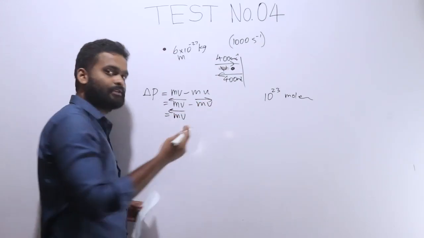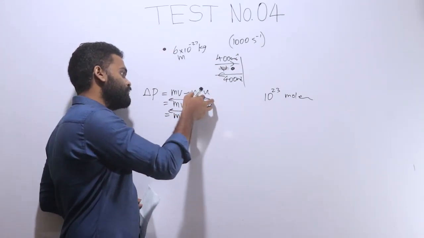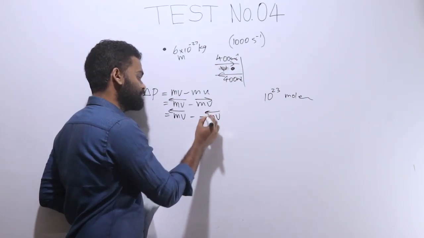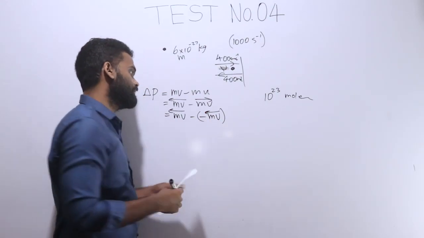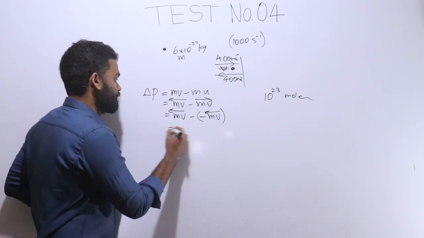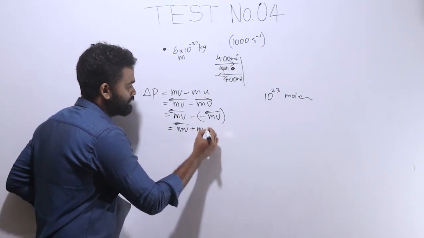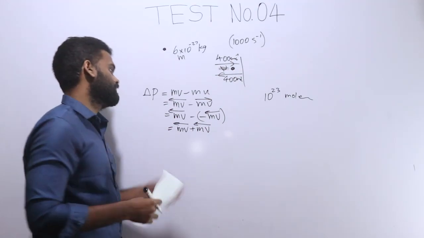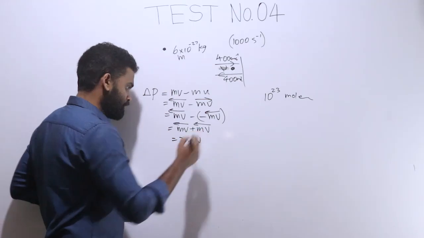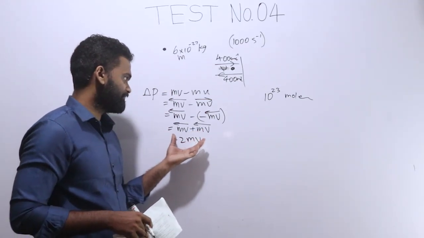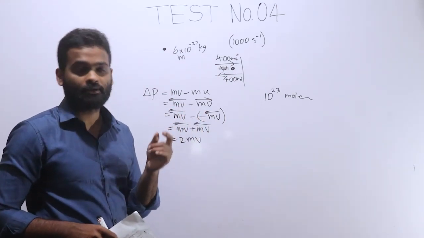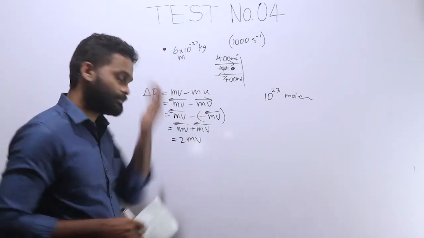For the vector calculation, if you change the direction of the arrow to the opposite direction, you can write it with a negative sign. So this negative becomes positive. That's why those momenta get added. So this is mv plus mv, so it is 2mv. This is the change of momentum for one collision of one air molecule.